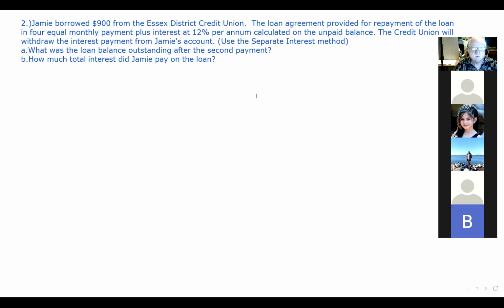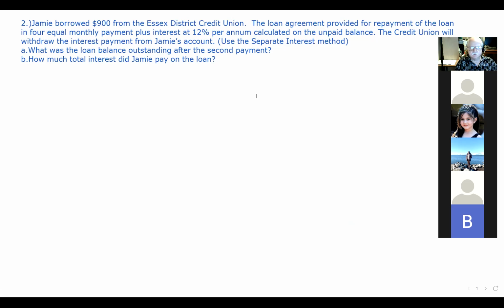So someone by the name of Jamie borrowed $900 from the Essex District Credit Union. The loan agreement provided for repayment of the loan in 4 equal monthly payments plus interest at 12% per annum, calculated on the unpaid balance.